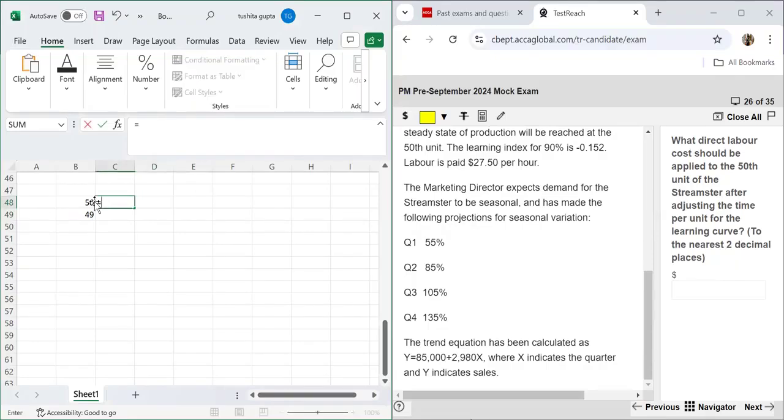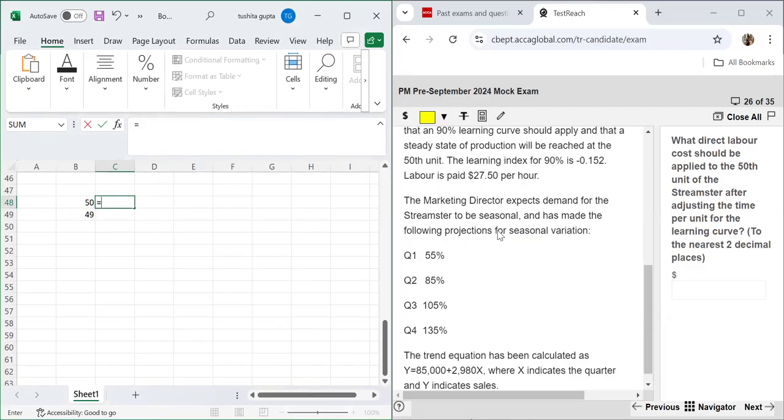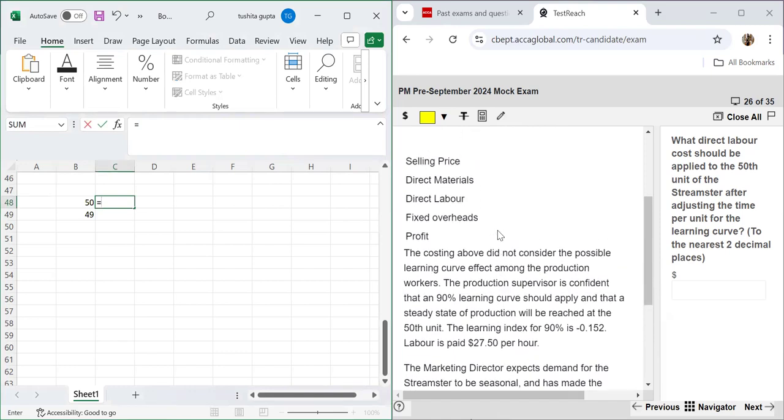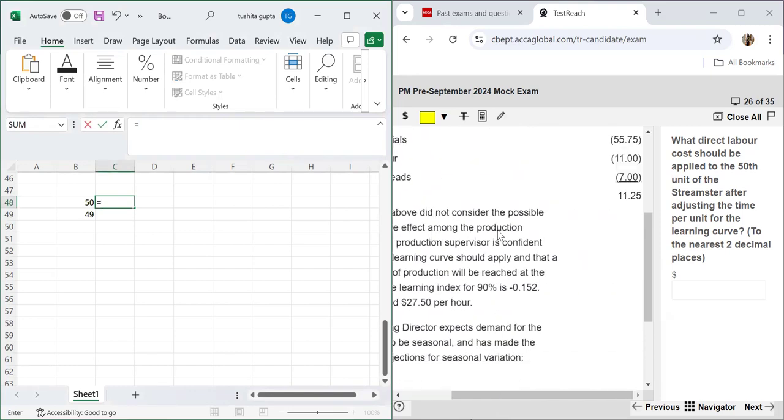Y equals a x to the power b. So we are already given the b. So a over here is the time that it's going to take for the very first unit. So let's see what's given with respect to this in the question.